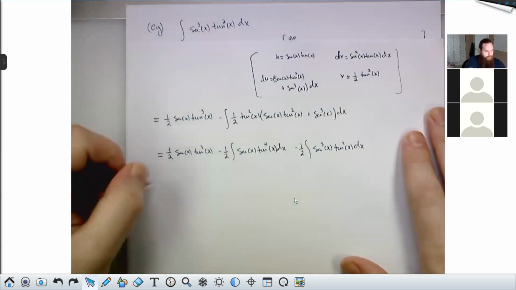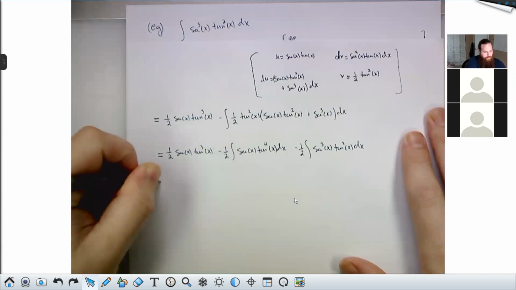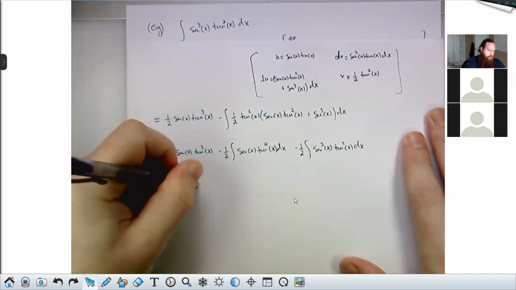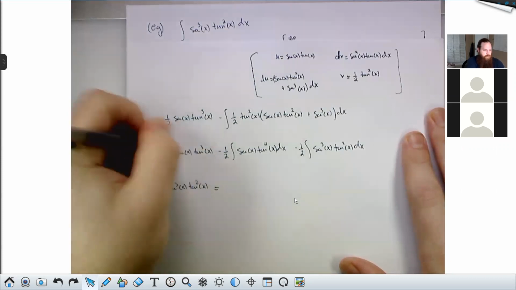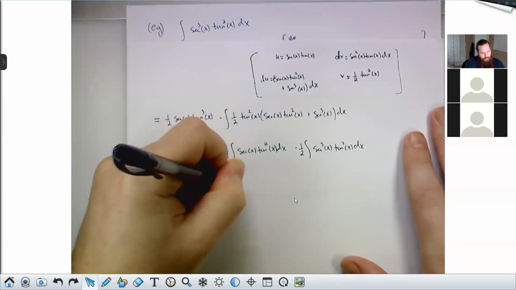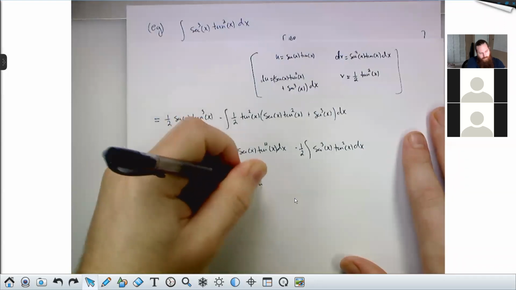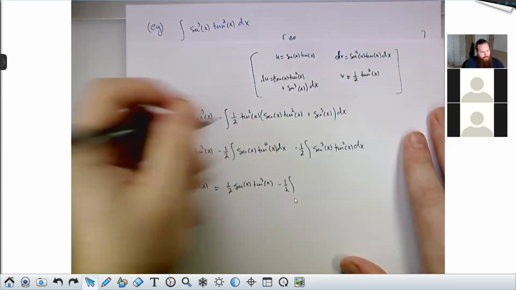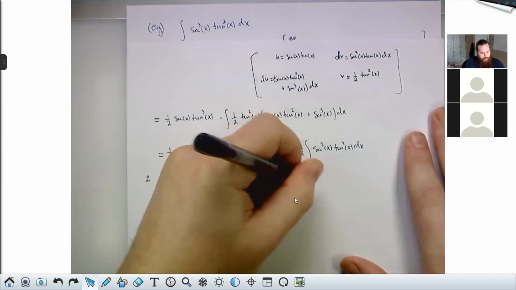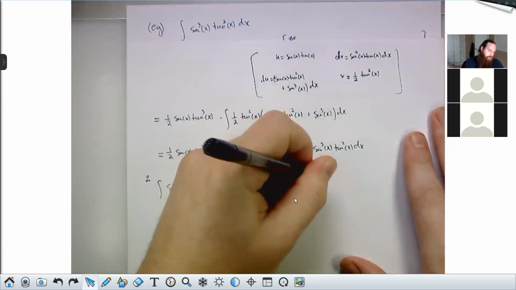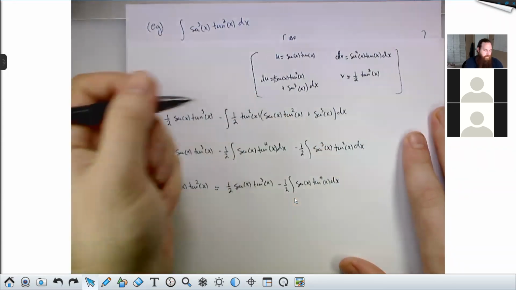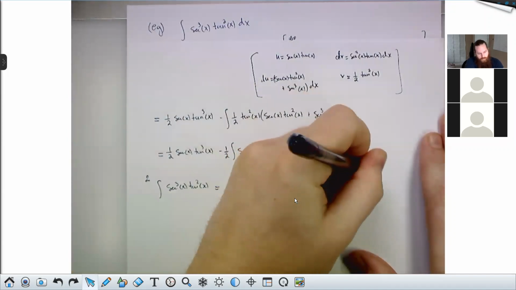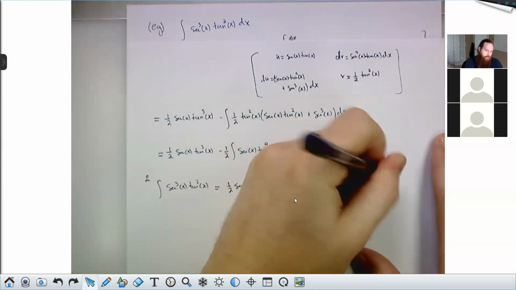But if we loop then, I'll have integral secant cubed x tan squared x equals 1/2 secant tan cubed minus 1/2 integral secant tan 4 minus 1/2 integral secant cubed tan squared.